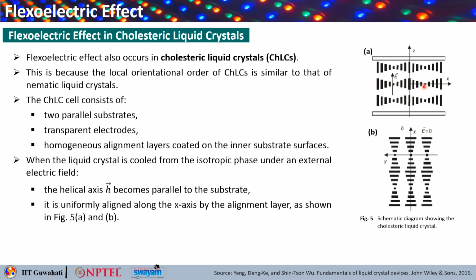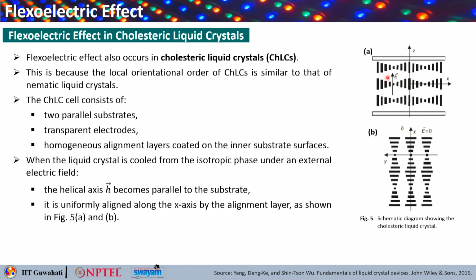This is when the liquid crystal is cooled from the isotropic phase under an external electric field. So you see that the helical axis is parallel to the substrate, and you can also see that it is uniformly aligned along the x axis by the alignment layer.